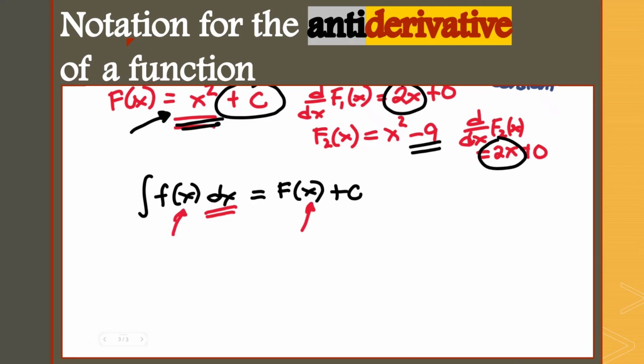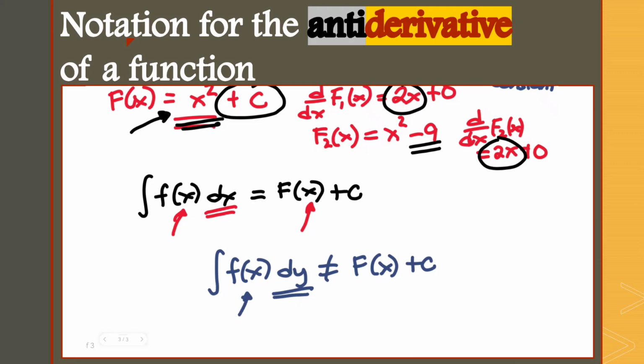Because if you have another notation, let's say f of x but with dy, you cannot say that this is equal to F of x plus C. That is because your notation is with respect to y, and for your function of x here, we don't know the form of f of x. It might be f of x alone or contain other terms as well.